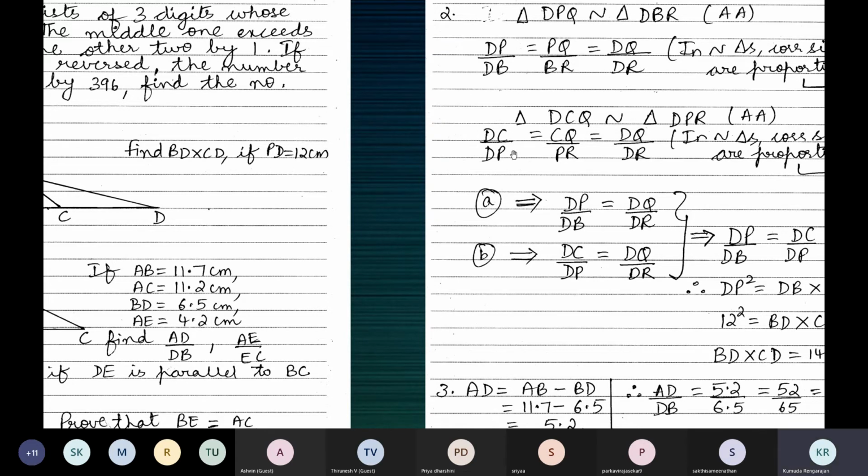So we write DC by DP is equal to DQ by DR. So we have 1, 2, 3 ratios here. Of these 3 ratios, I want to drop one. So I drop this one. Why? Because this is common. So we go ahead with this, and in this we have BD. So we go ahead with these 2 ratios. That's what you see here. Am I clear, children?